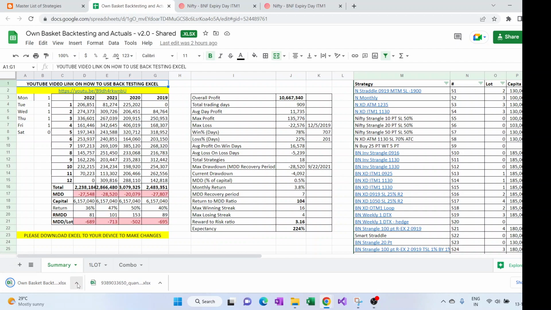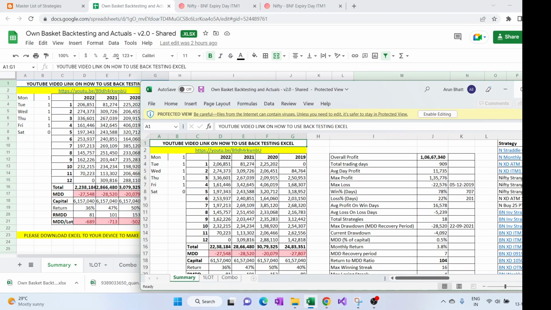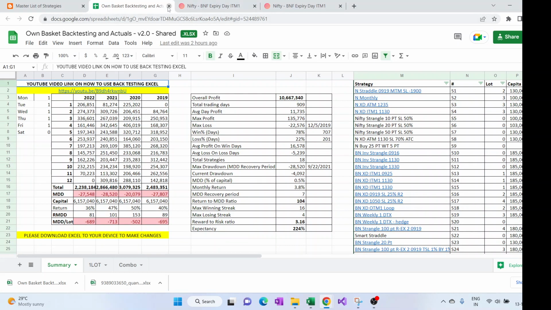So it has downloaded onto my laptop, and then I'll open it. This is because you'll not be able to edit the Google Sheet version, so we have to download it.